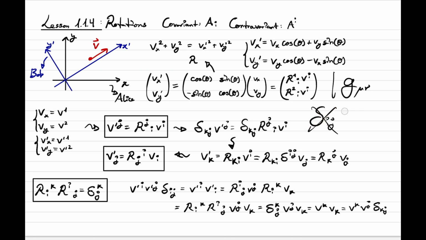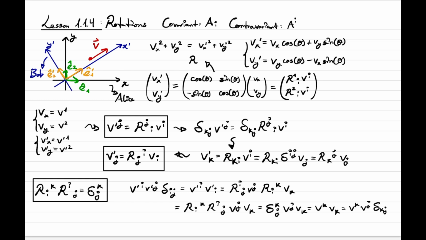So I'm going to do a little cliffhanger for the next video. We haven't talked about bases for vectors. Alice has a basis E1 and E2, and Bob has his own basis E1 prime and E2 prime.